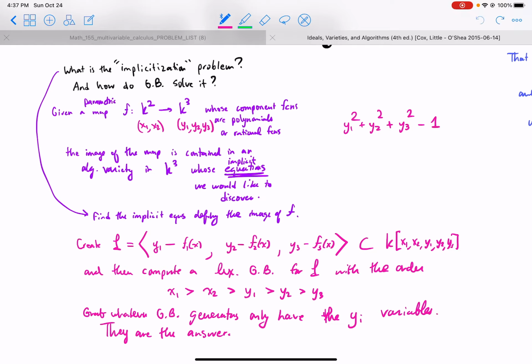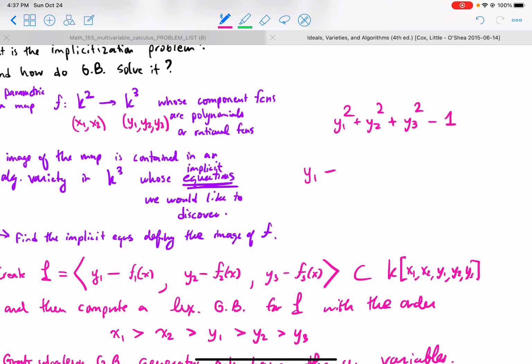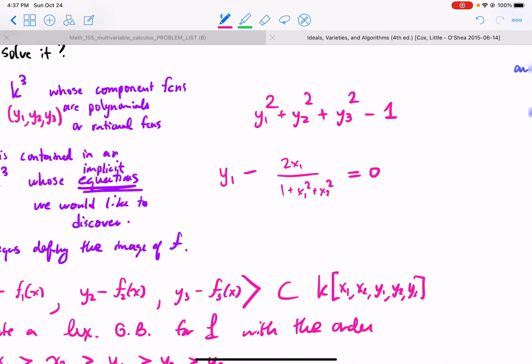Discover this equation by using the map that says y1 minus, and now, what was our sphere parameterization? It was 2x1 over 1 plus x1 squared plus x2 squared, and think about this equals 0.